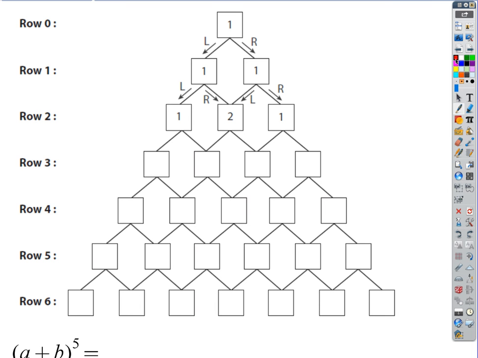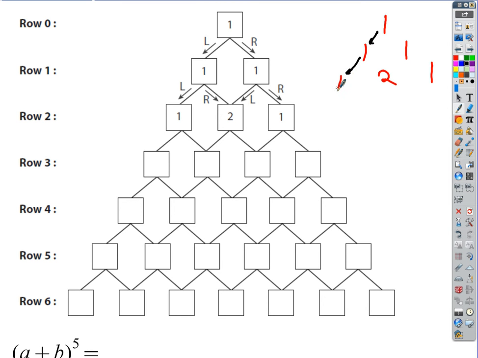Instead of writing it this way, I would just write it as 1, 1, 1, 1, 2, 1. But either way, the rule is, when you want to come up with a number in a following row, one that's lower than the one above it, you just add up the numbers that are immediately above it, right? Well, there's only one number immediately above that 1. It's a 1, so that stays a 1.